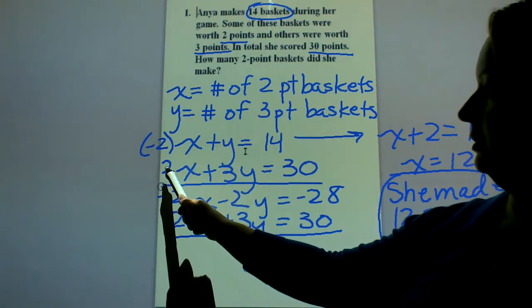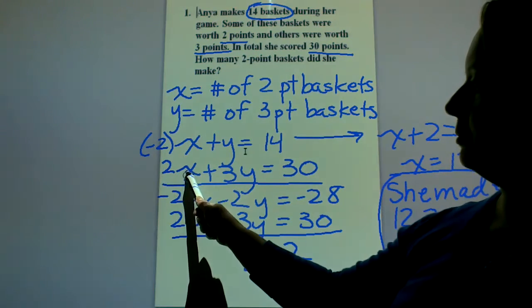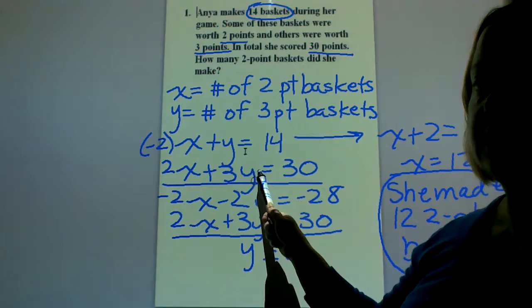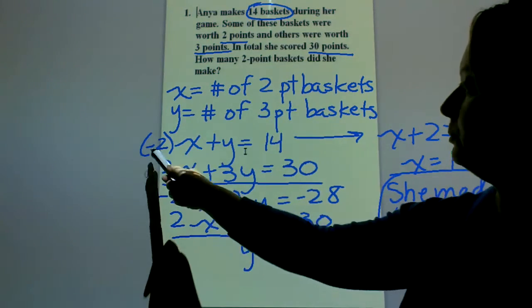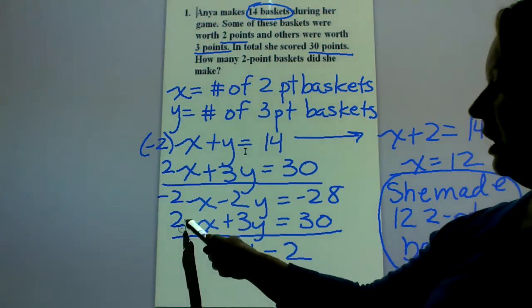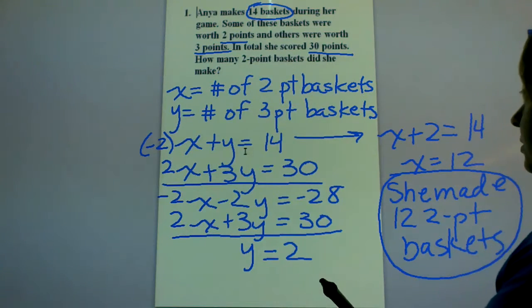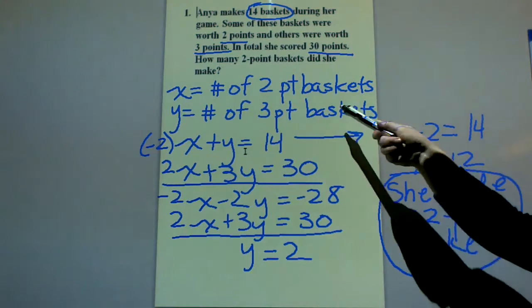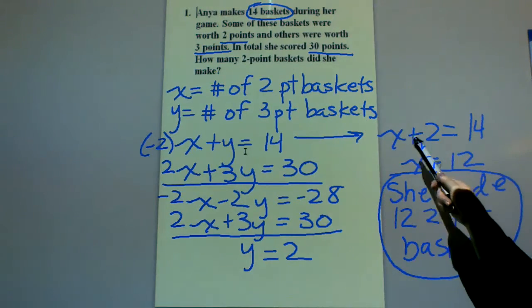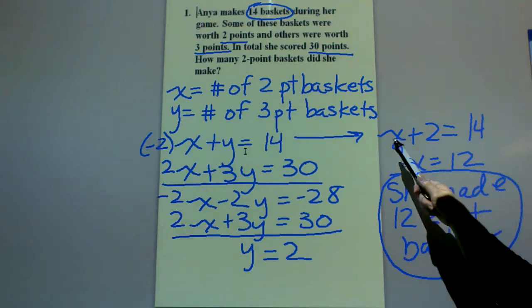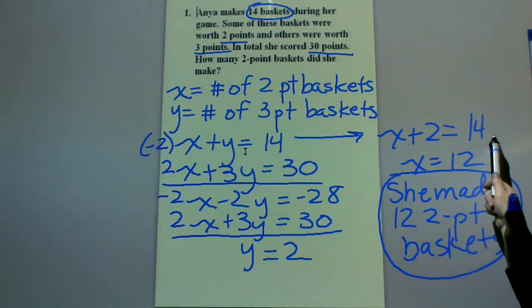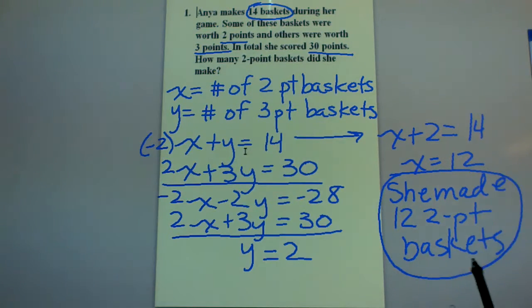So she made 2 types of baskets, 2-point baskets and 3-point baskets, and that's equal to 30. I multiplied by negative 2. Now I have opposite x terms, and I just added and got 2. I found the 3-point baskets, but I didn't want that. I wanted the 2-point baskets, so I had to sub it in to one of the equations. I got 12, and then I just wrote a sentence about what was happening here.